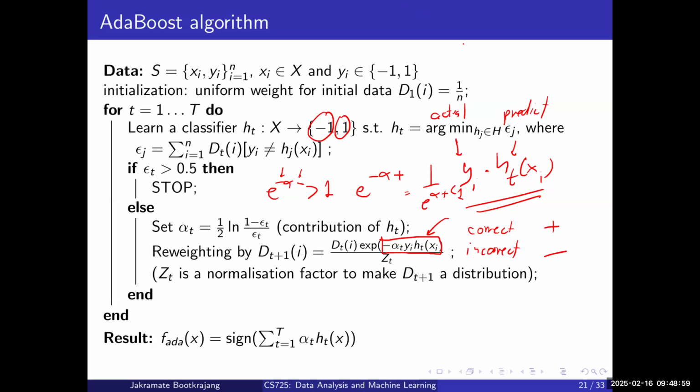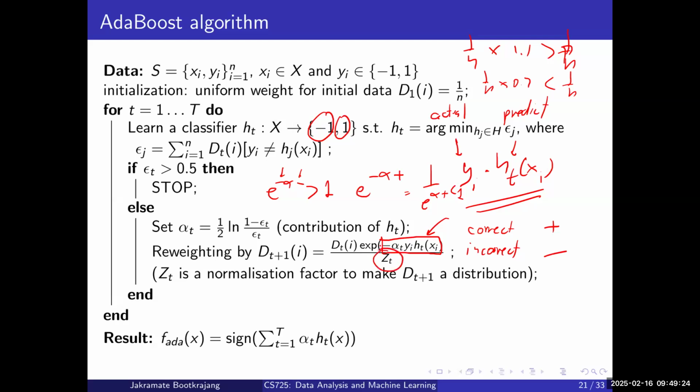So you start with 1 over n. If you multiply by 1.1, it's going to be more than 1 over n. But if you multiply by 0.9, it's going to be less than 1 over n. So these are the expressions that will increase or decrease the weight.